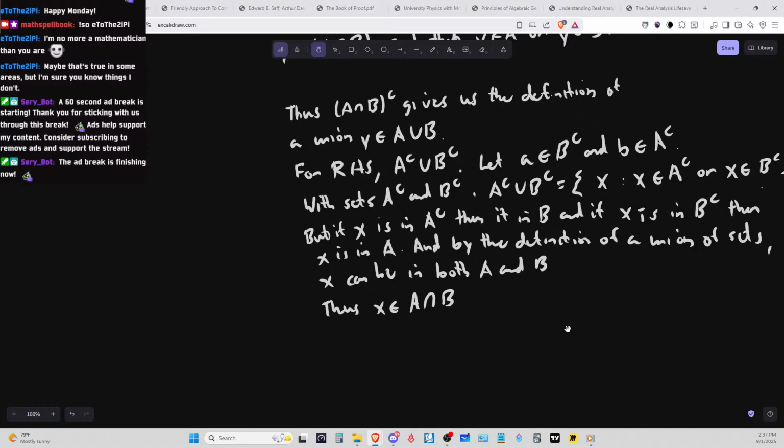Now, I'm wondering if that is actually the right approach we were supposed to take with this. Because it feels like it's the intersection, but it's the complement of the intersection between the two. And then on the other side, it's supposed to be the complement and the union of another complement.